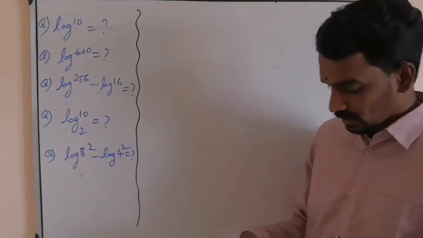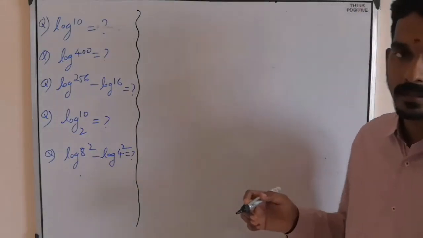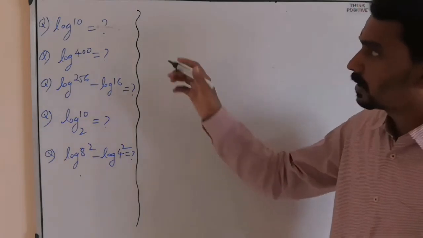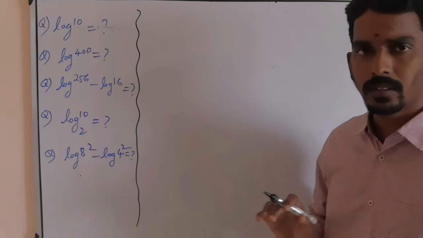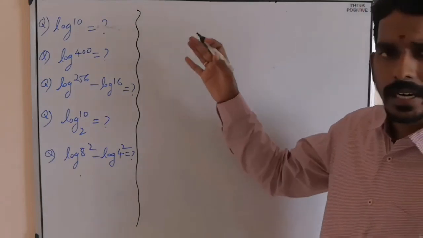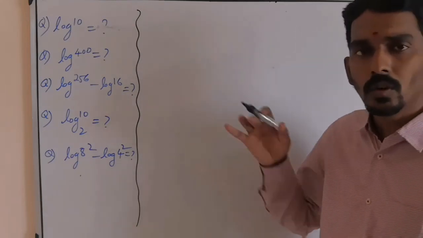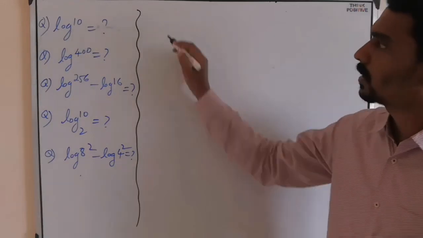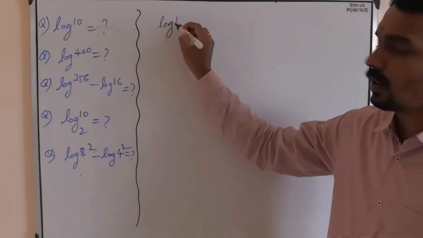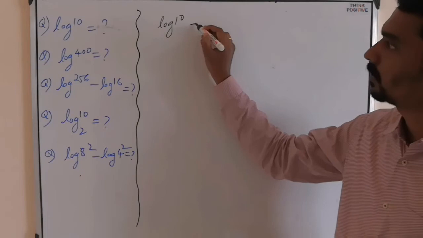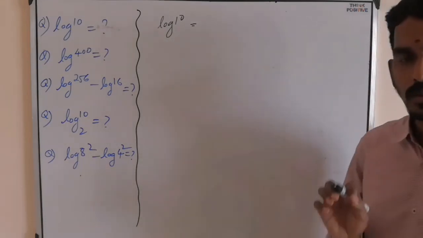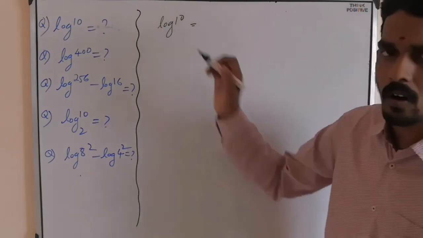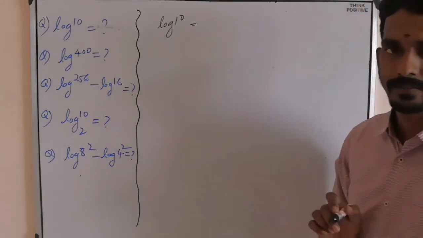Now, let us solve these simple questions based on the formulas we have discussed, or the data we thought to remember. The very first question, log 10, how much? The very first thing you should understand is whether it is log or ln.